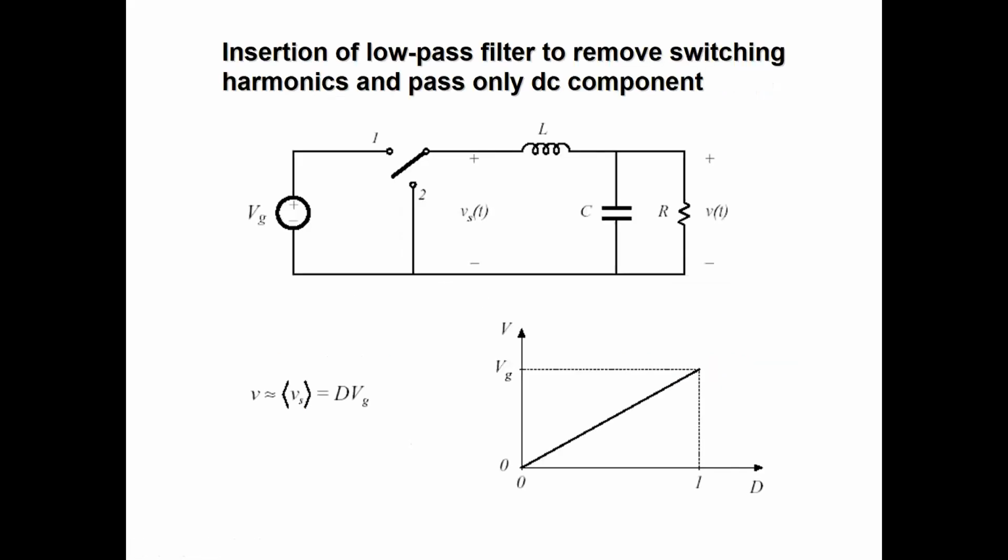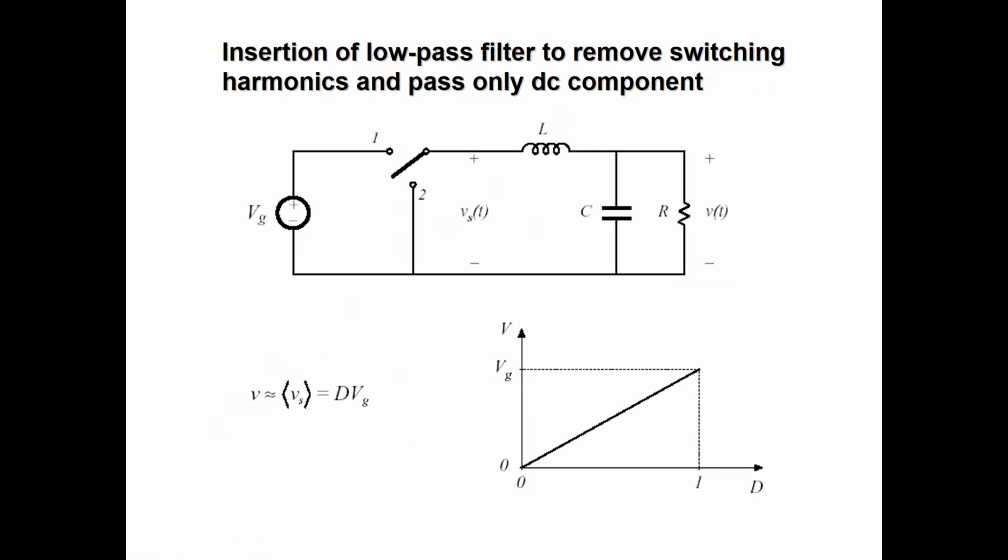Now, this is a step down converter, a DC to DC converter. We have already studied that due to the switching, some ripples arise in the circuit. If you want to eliminate these ripples, we have to install a low pass filter consisting of an inductor and a capacitor.